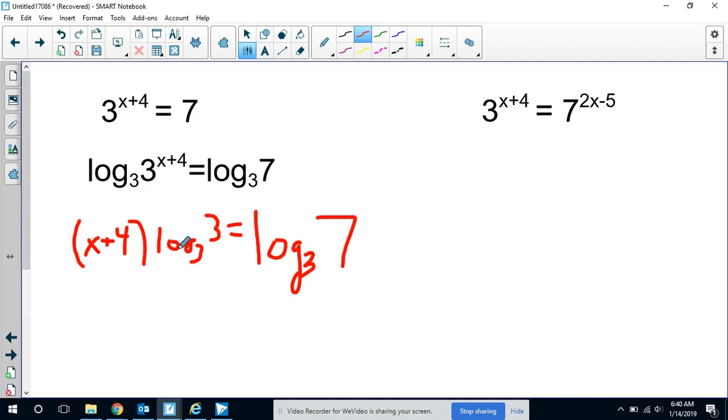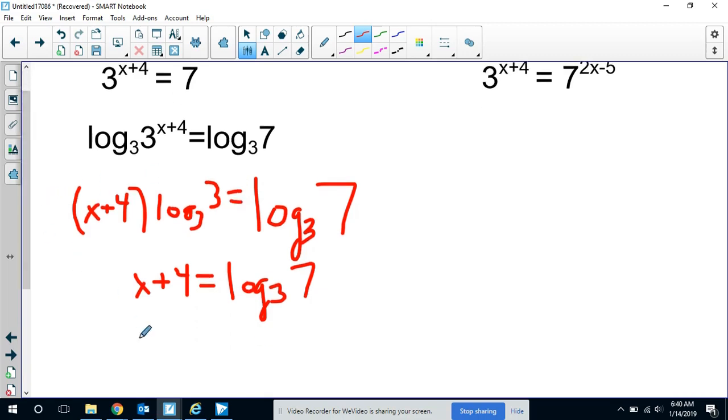Notice that log base 3 of 3 is 1, so I can say that x plus 4 equals log base 3 of 7. Then I can subtract 4 from both sides. So my answer is x equals log base 3 of 7 minus 4. This is super hard to do. So log base 3 of 7 minus 4 is our answer.